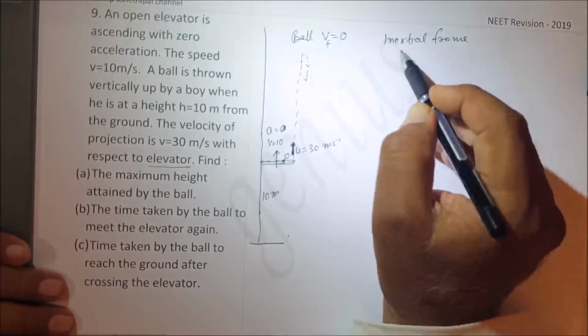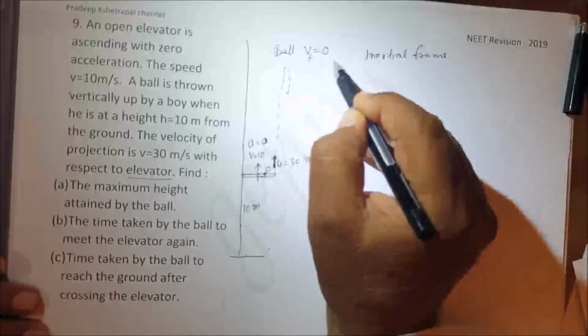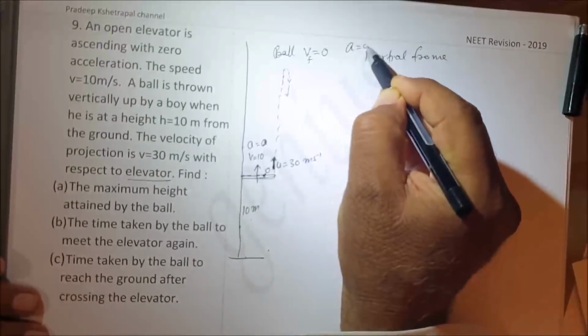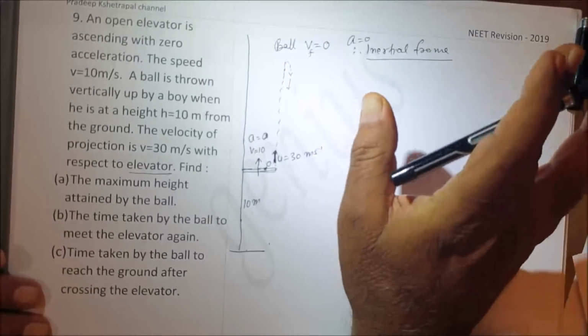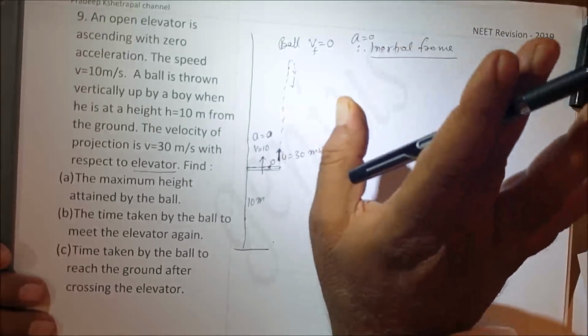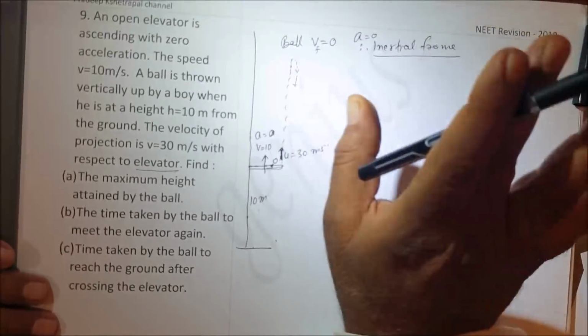So here first we declare, because the acceleration is equal to 0, therefore this is an inertial frame. If it is an inertial frame, all our formulas will be applicable as they are.